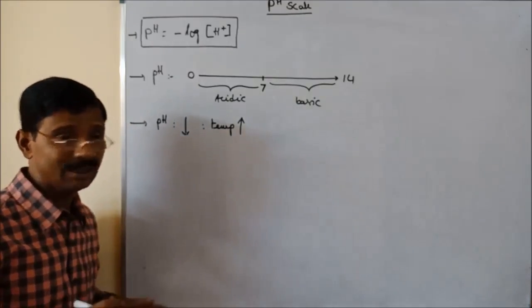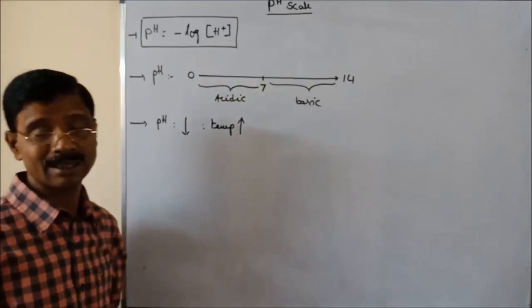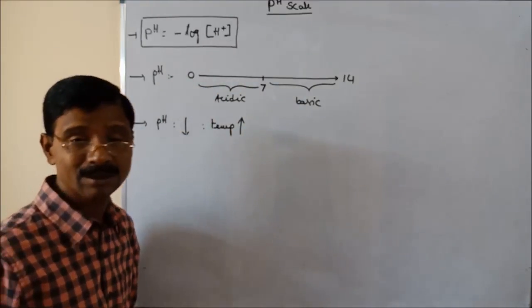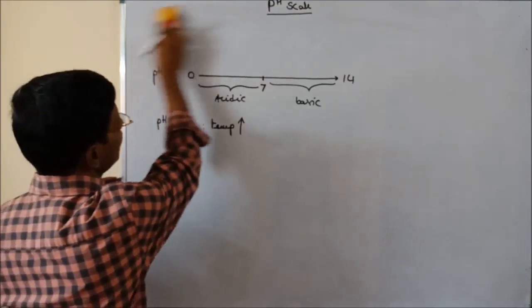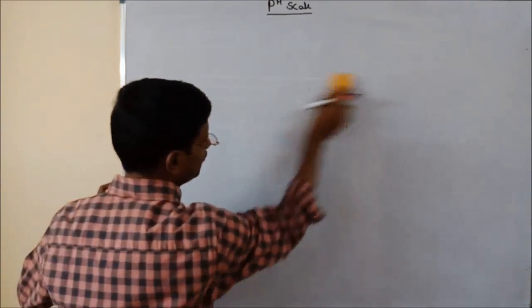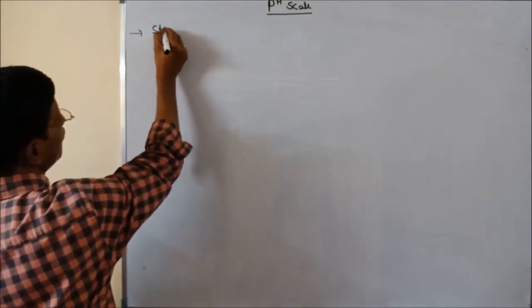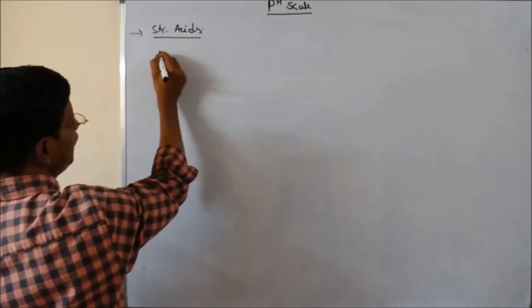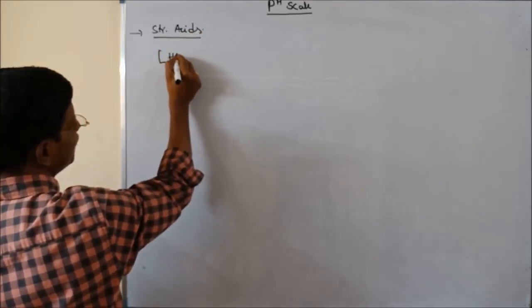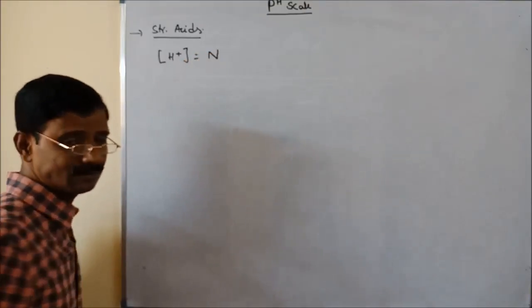Now one of the important things you have to understand is how to get the concentration of H plus ion. Generally in case of strong acids, the concentration of H plus ion is nothing but its normality.